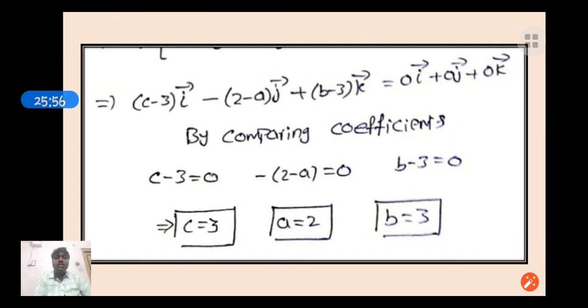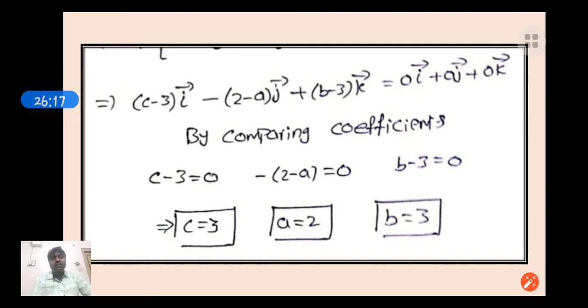So today we discussed the curl of a vector point function. I gave the general definition of the curl of a vector point function. After that, the second definition of curl, in the form of a determinant: del cross f bar is equal to the determinant of i bar, j bar, k bar, dou by dou x, dou by dou y, dou by dou z, f1, f2, f3.